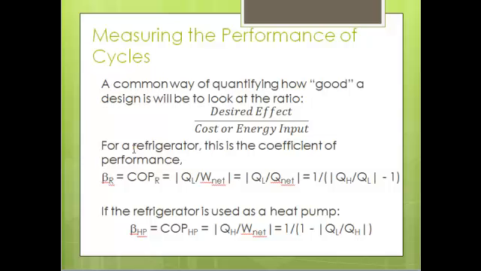But sometimes I don't want to use my refrigerator to get cooling of the cold stuff. Sometimes the goal is to use the refrigerator as a heat pump. An air conditioner is an example of a refrigerator. A heat pump is very similar to using an air conditioner, but my goal is to heat up my house. So it's a form of a heater that really is just taking the hot exhaust off of my air conditioner, essentially.